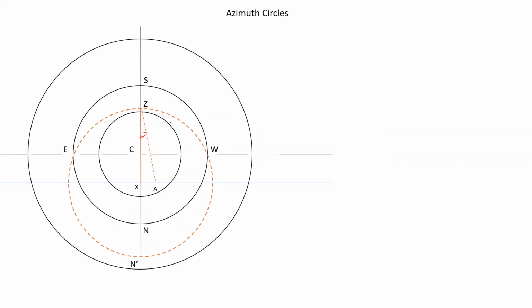In the right angle triangle ZXA, tan alpha is equal to XA upon ZX. Therefore, XA, which is the distance of the center of the azimuth circle from the center of the prime vertical X, is equal to ZX, which is the radius R of the prime vertical, into tan alpha.